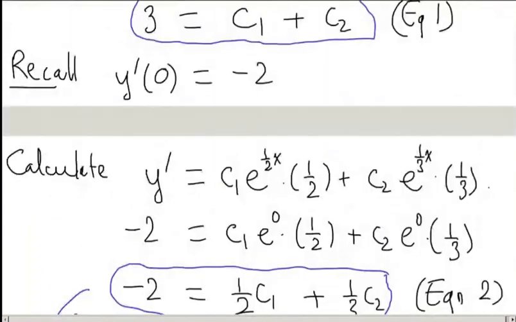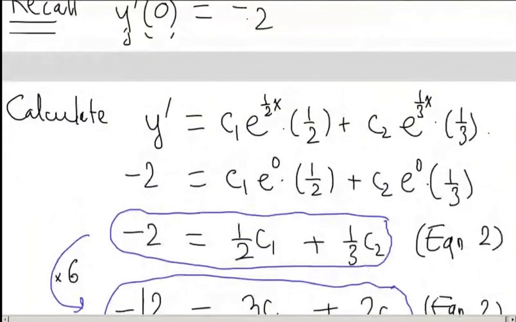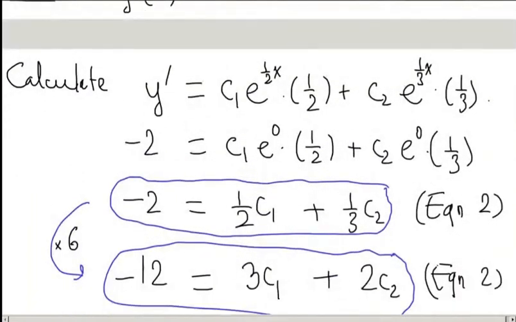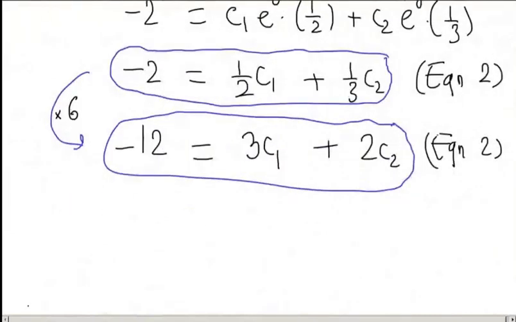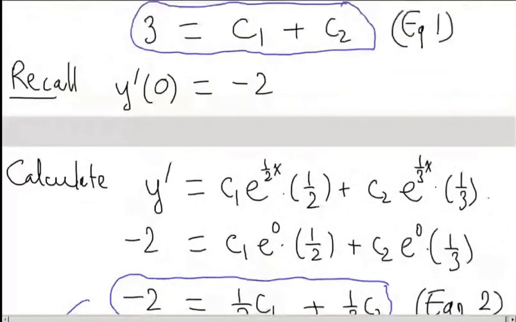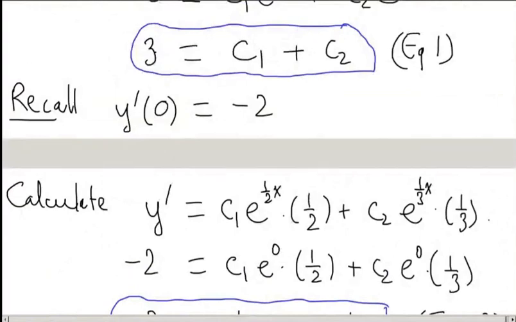Let me use elimination. I want to eliminate C1, so I want to have from here minus 3. So I multiply equation 1 by minus 3. So negative 3 times equation 1. Then I would have every term gets multiplied by negative 3.